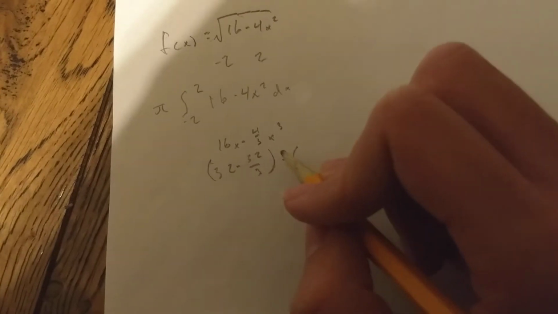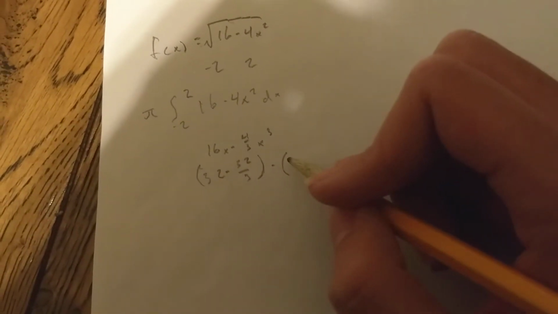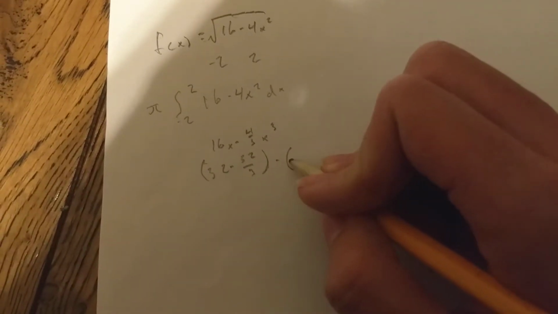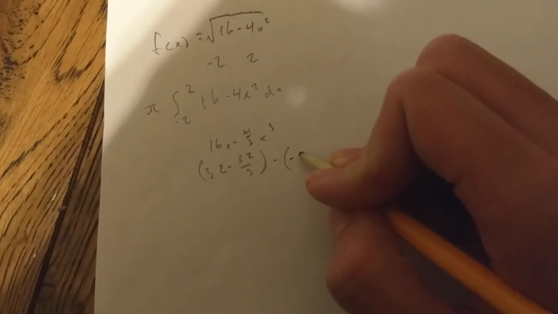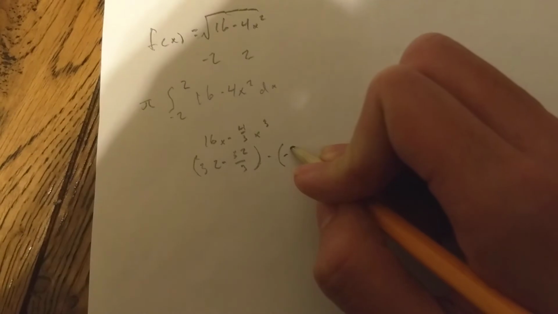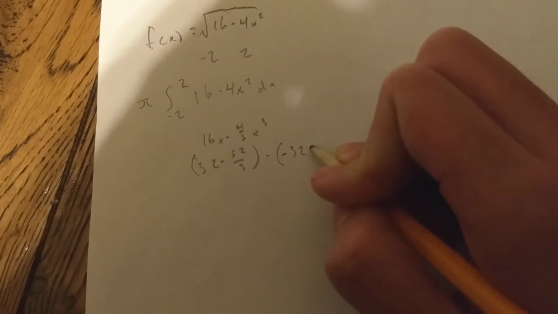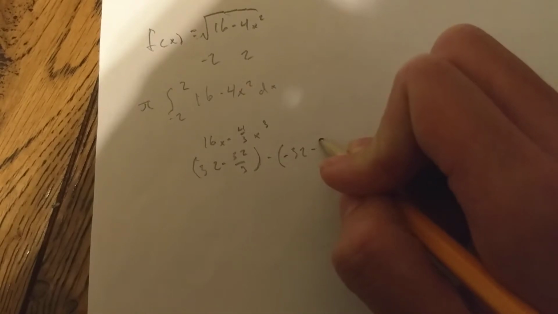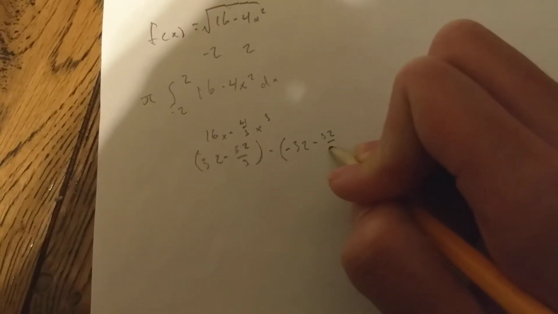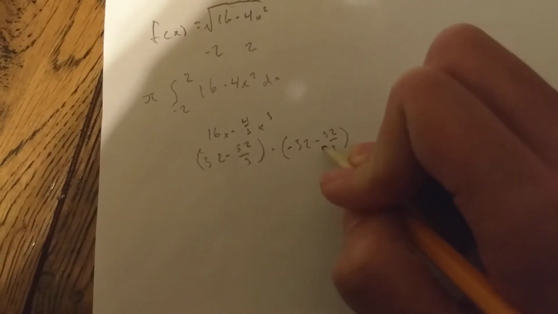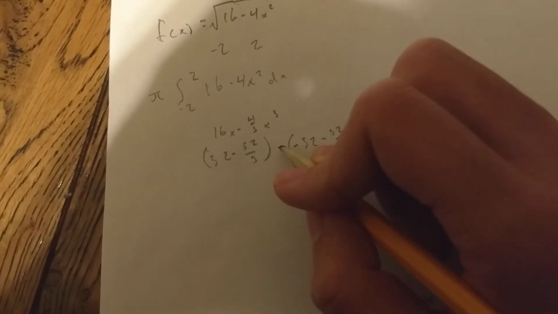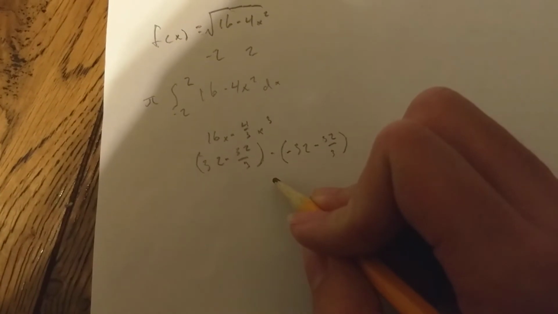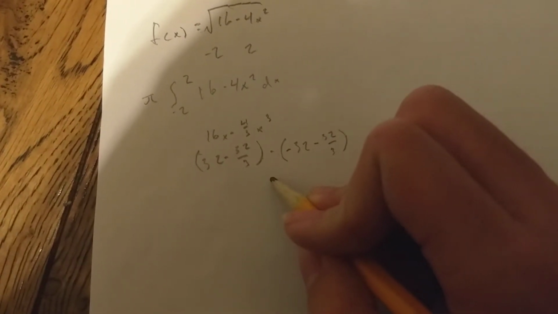and so over here we just put in the -2 stuff, and so because of that, 16 times -2 is negative 32 minus 32 thirds. And then, oddly enough, because everything in here is negative and it's being subtracted, you kind of just end up adding everything.